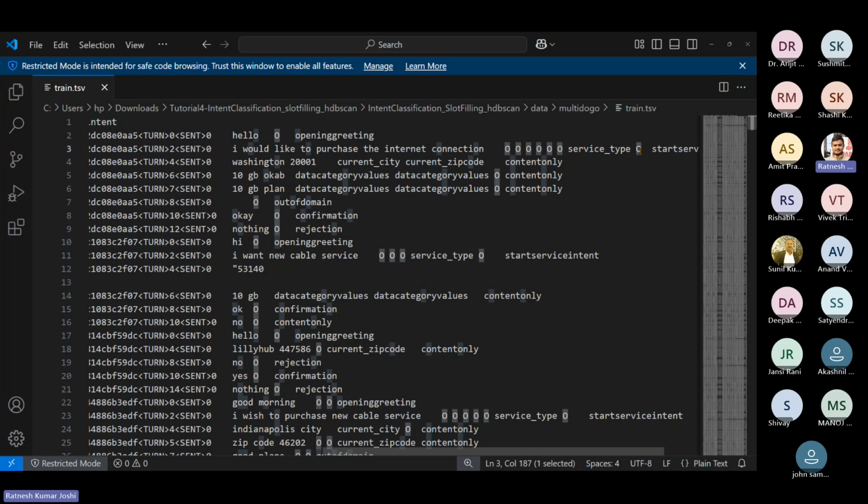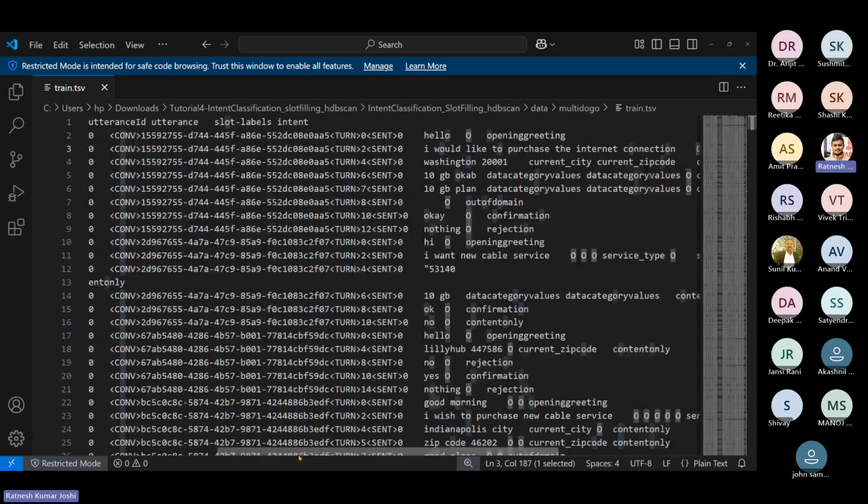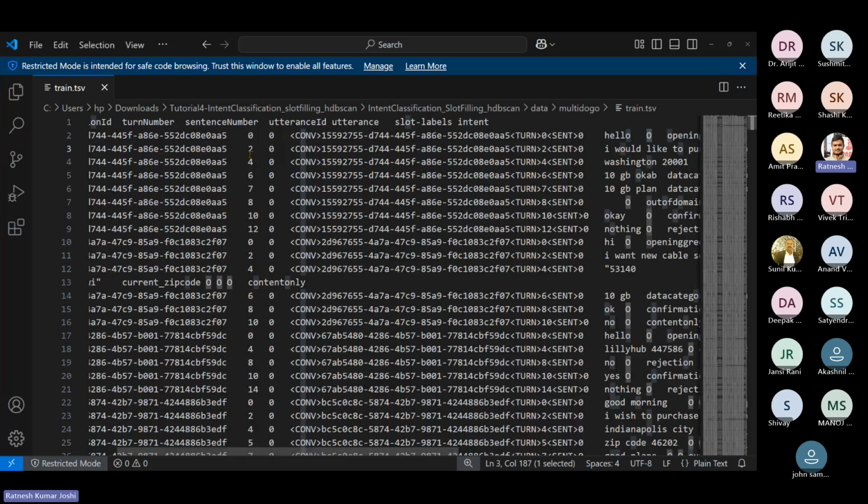Right. So basically, whenever you try to work with a particular machine learning model for this type of data, it is very important that you go ahead and try to understand what the particular data represents. Here, our data represents: the first column is conversation ID, second is turn number, which is the number of the utterance in the entire conversation. Sentence number is a number given to the sentence. We have defaulted it to 0.